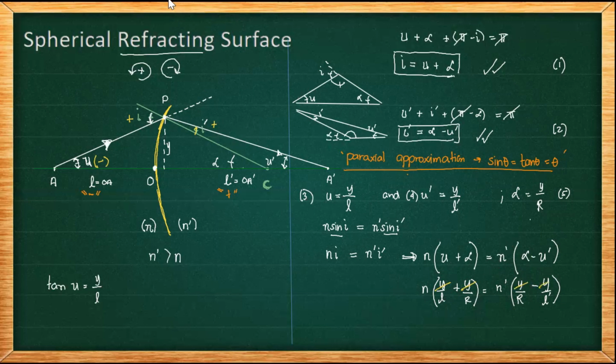And eventually we'll end up having n over L plus n over R equals n prime over R minus n prime over L prime.